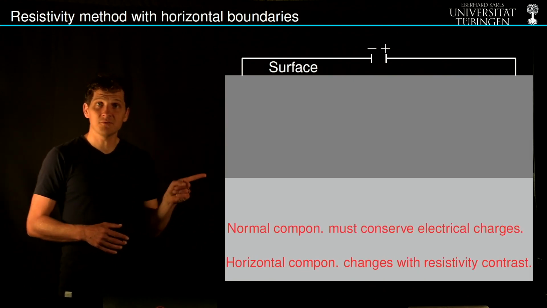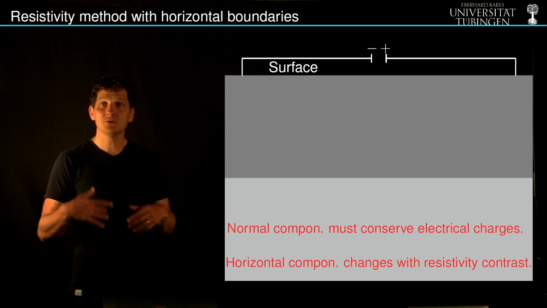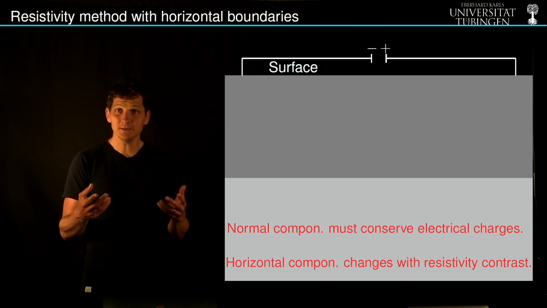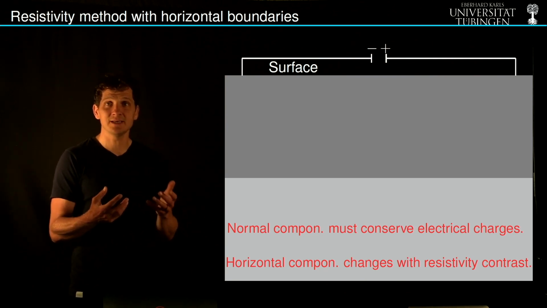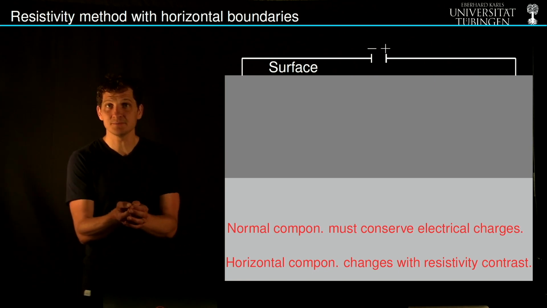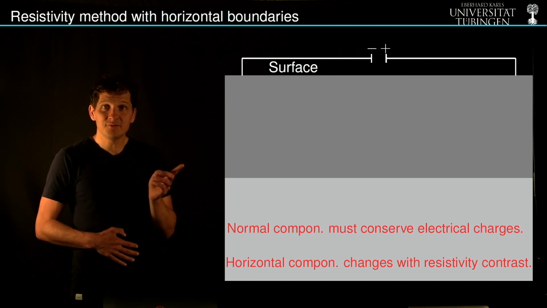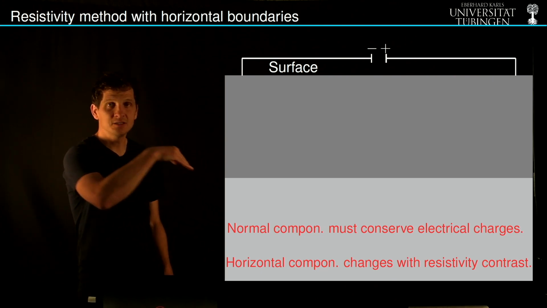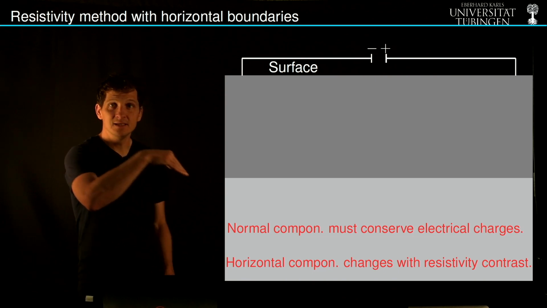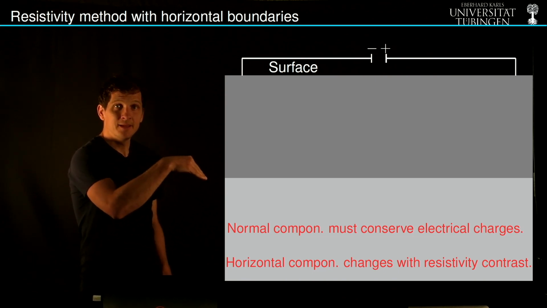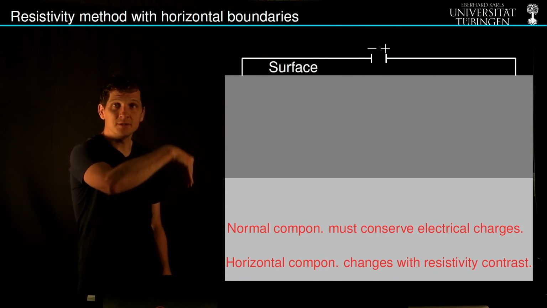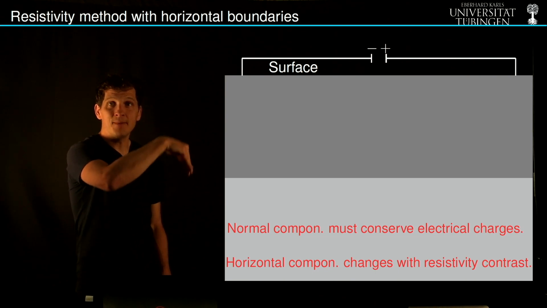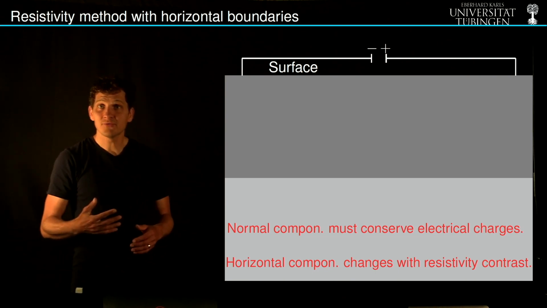If we want to solve the problem at this boundary, we need to apply boundary conditions. And the key here is again conservation of charges. It follows from that the normal component, so again we are talking about current flow lines which intersect this interface at some angle, and the normal component through here must conserve electrical charges.